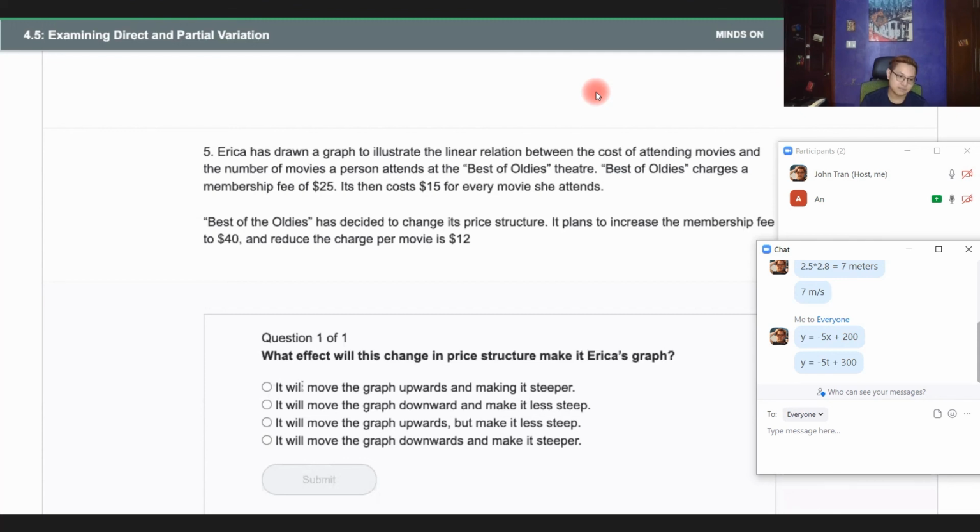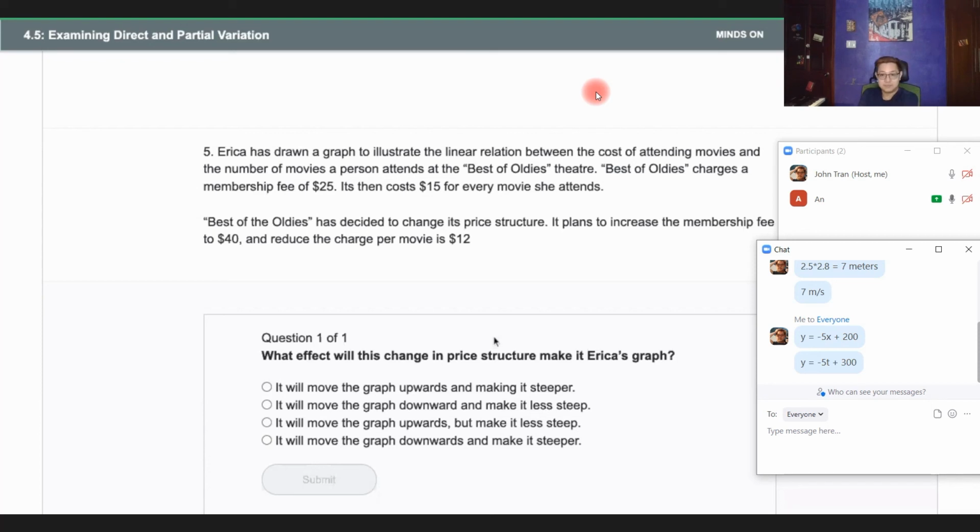Okay, I think it will move the graph upward because it started at 25, which is lower than 40, so it moves up.